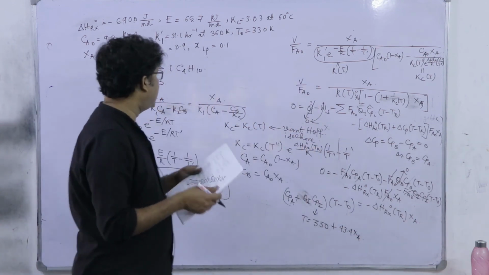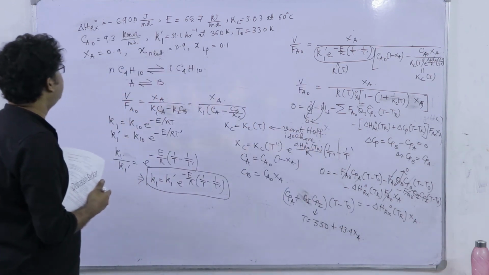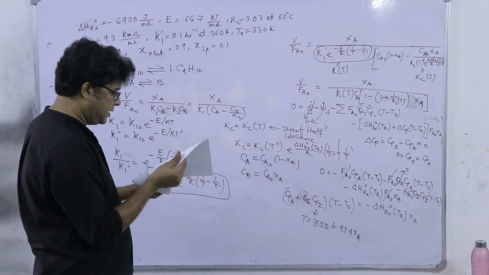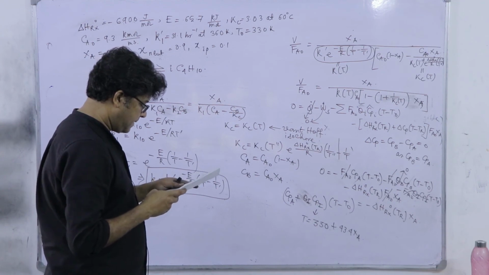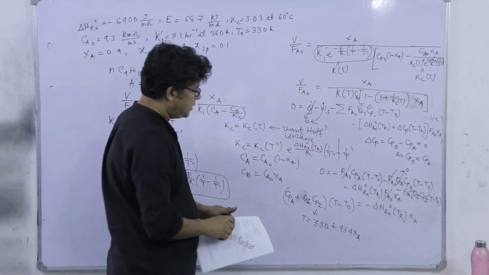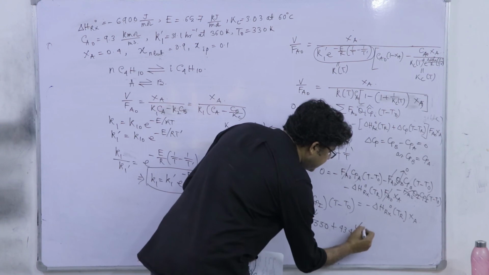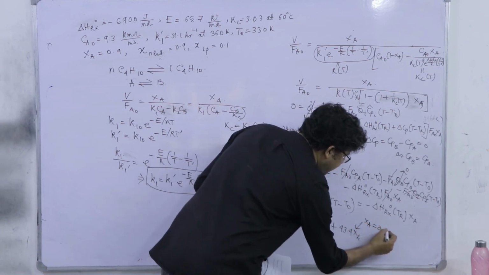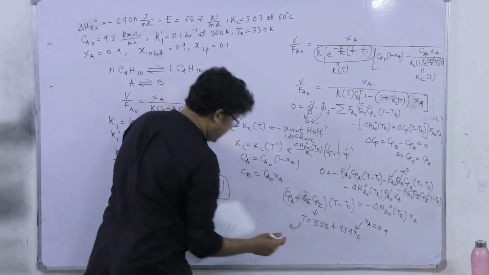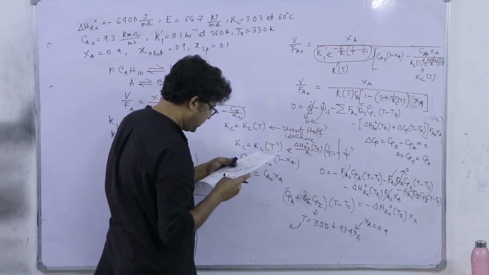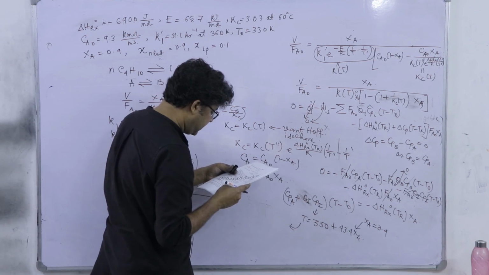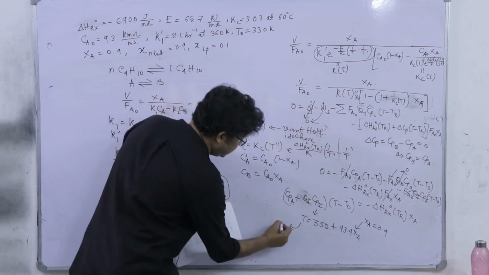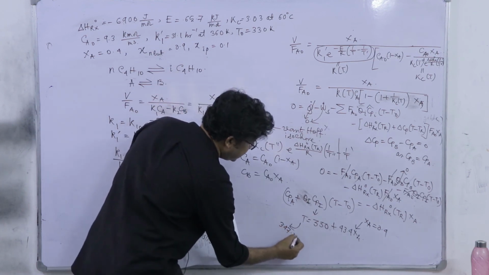So what we have now, we have to go for a conversion of 40%, right. So if we substitute Xa equal to 0.4, I can calculate T, and it comes to be 347.3 Kelvin.